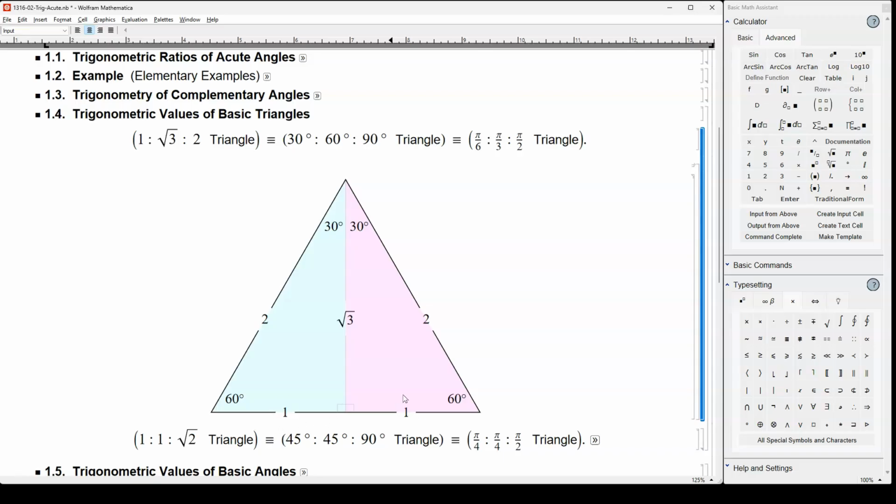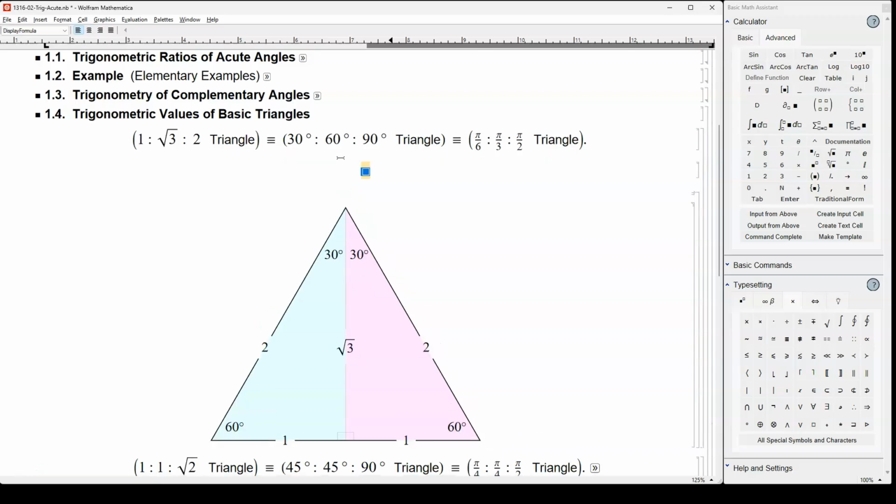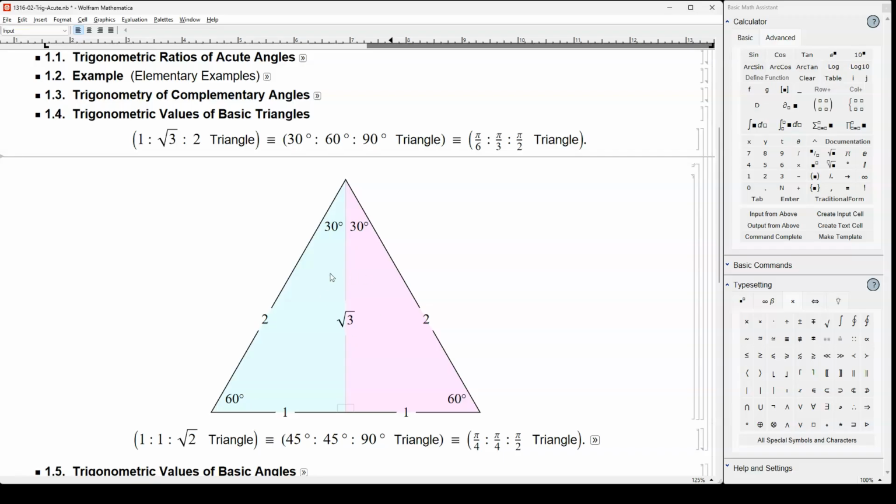So 1 unit, 2 units, and then in the middle, by Pythagorean, you can get square root of 3, you see? y squared is hypotenuse 2 squared minus 1 squared, which is 3. So if you take the square root, y is square root of 3, right? That's what we have here, square root of 3.